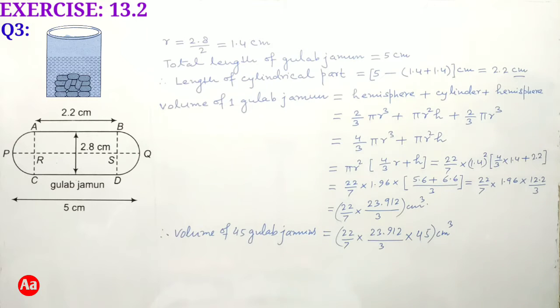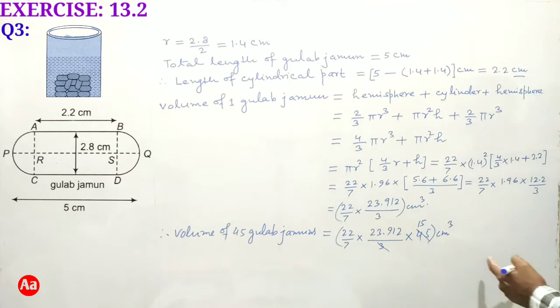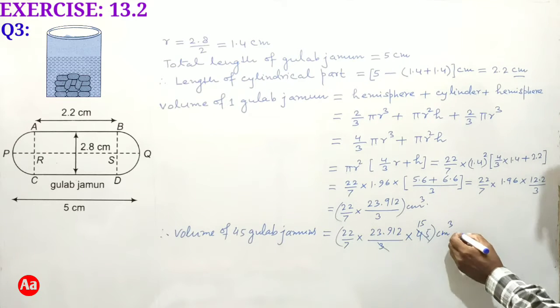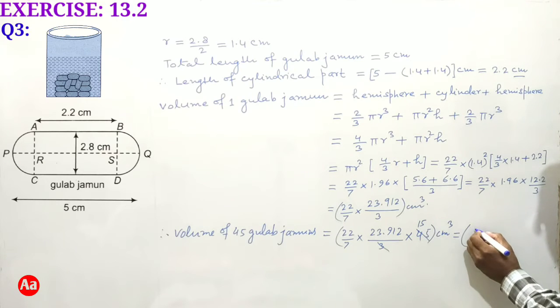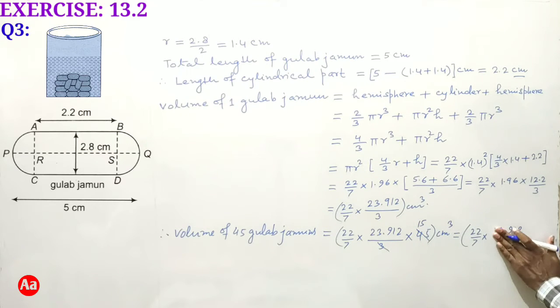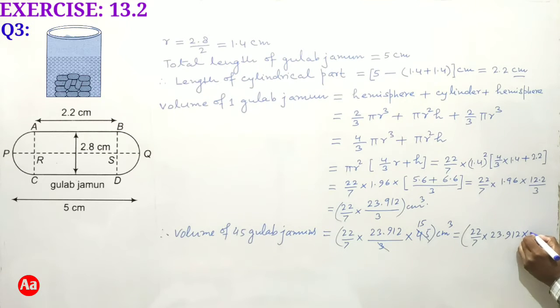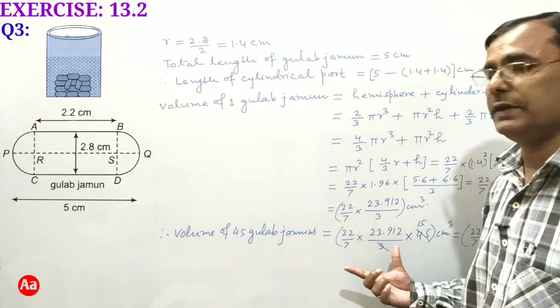This is volume of 45 gulab jamuns. 315 times 45, so 22 by 7 into, let's write, this is equal to 22 by 7 into 23.912 into 15 centimeter cube. This is volume of 45 gulab jamuns we have found.